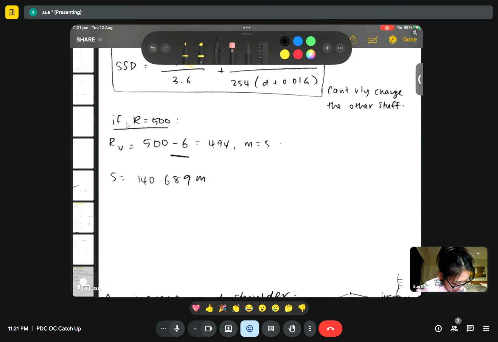So let's test what the value of the stopping sight distance will be with these new decreased speeds. So instead of 100 km an hour, what if we try 80 km an hour? Then the SSD will be 118.55, and this is going to be less than the stopping distance.